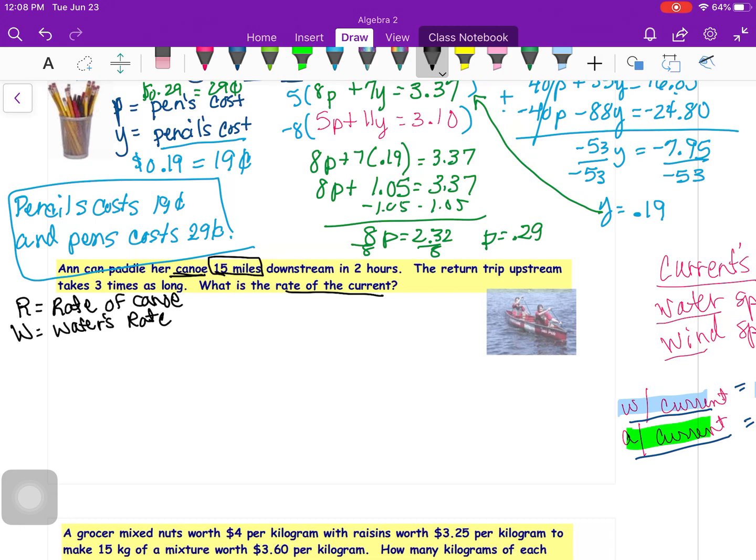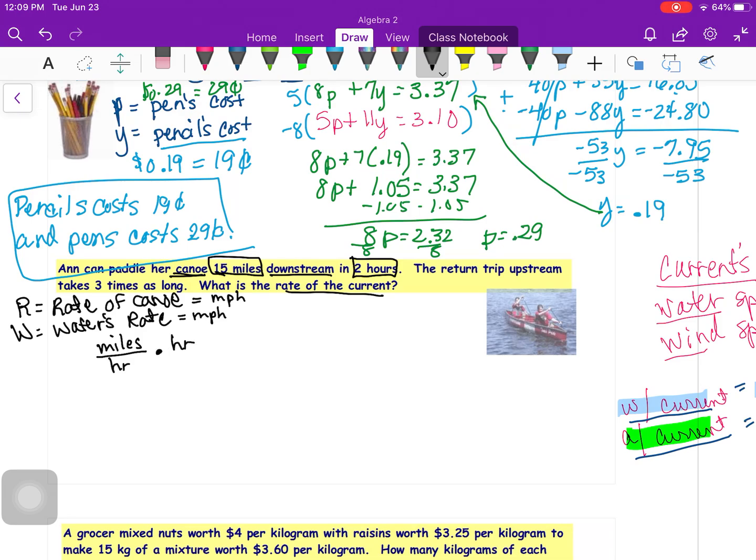So I see Anne can paddle her canoe 15 miles downstream in 2 hours. So her speed would be measured in miles per hour. So I always am going to start with my fraction, miles per hour.